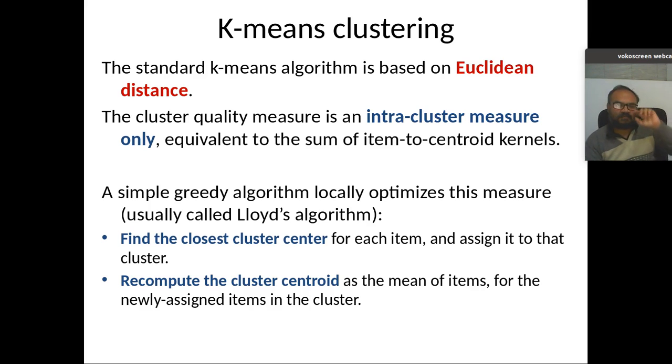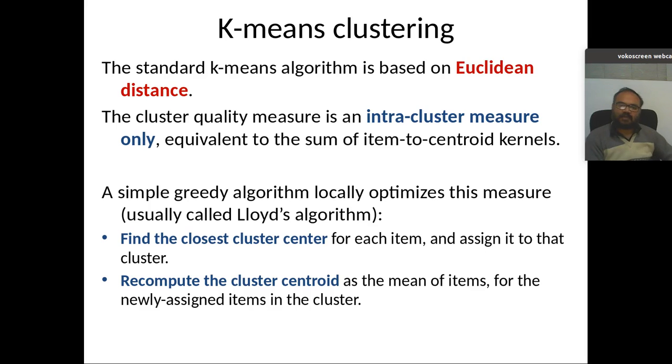Okay, the most basic technique used for clustering is called k-means, and the standard k-means algorithm is based on Euclidean distance. If you change the distance metric to some other metric, then let's say instead of means we can calculate median or medoids, then the same algorithm would be called k-median or k-medoid and so on.